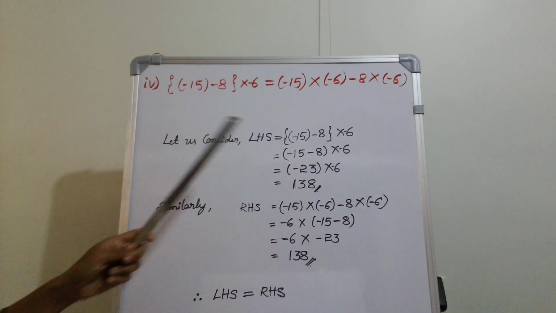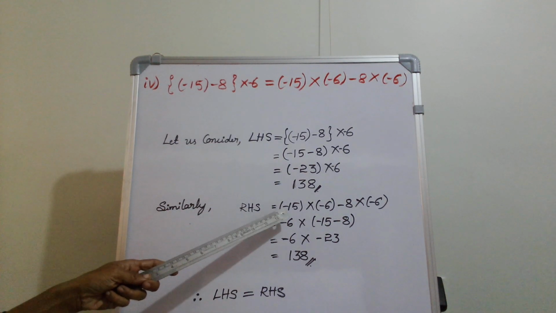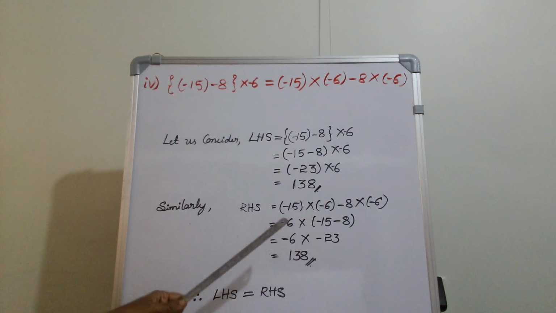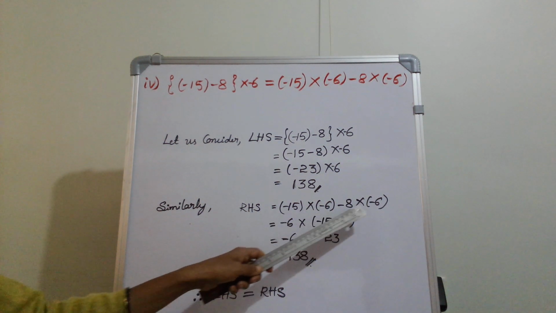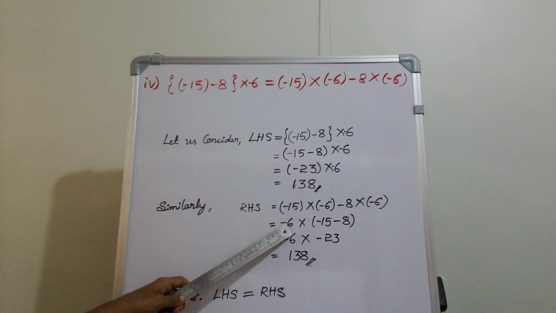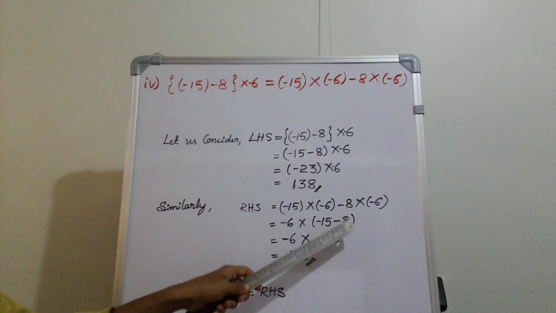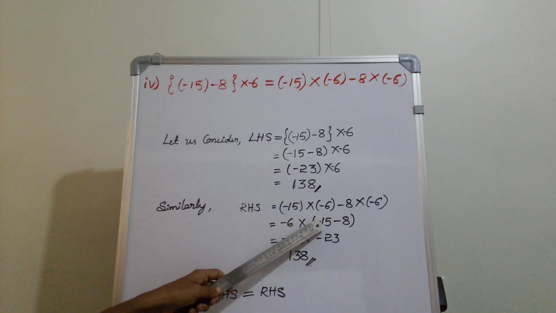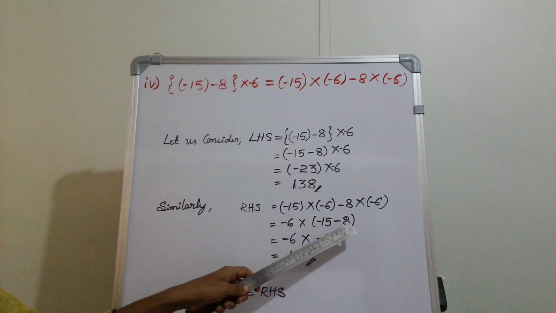Understood? Similarly, consider the RHS of the problem. That is minus 15 into minus 6 minus 8 into minus 6. So here take minus 6 as a common factor, into minus 15 minus 8. Okay. Here the minus is the same, so we have to add 15 and 8.